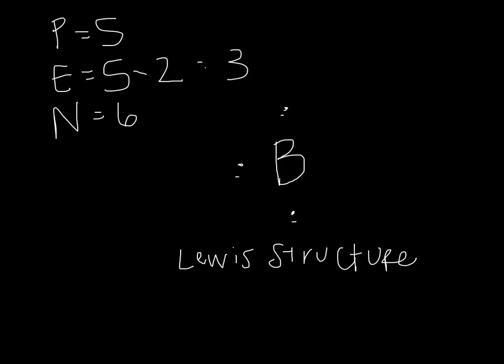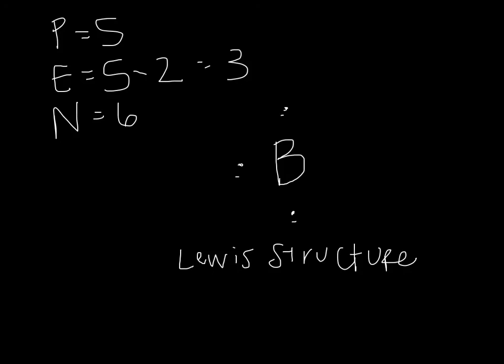So in the Lewis structure, we only draw the very outermost electrons. So we would not include that inner K energy level because it's full. We're just including the L outer energy level.